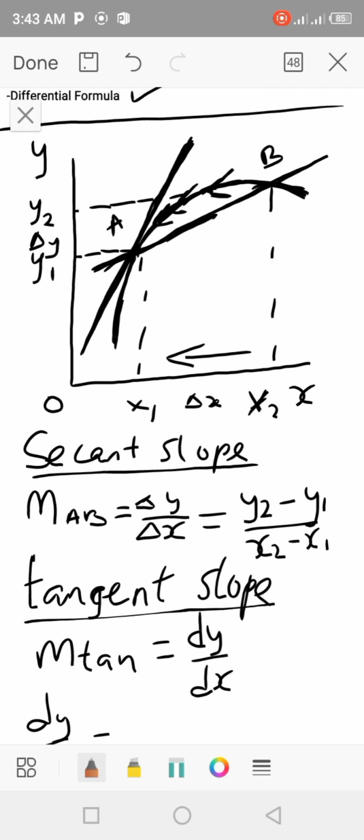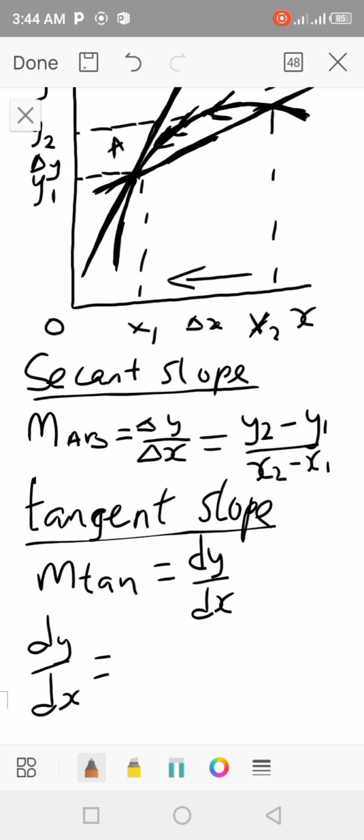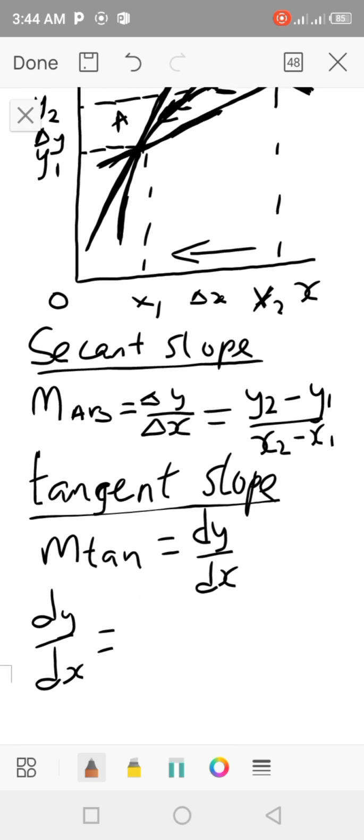So that is what, and the approaching process of point B to point A and x2 to x1 can be expressed as a limit.